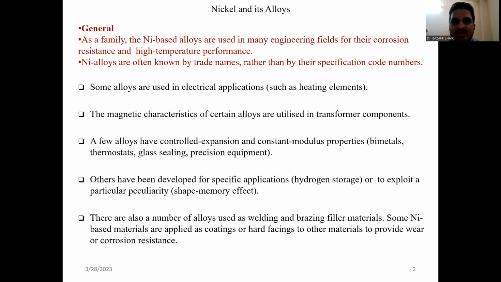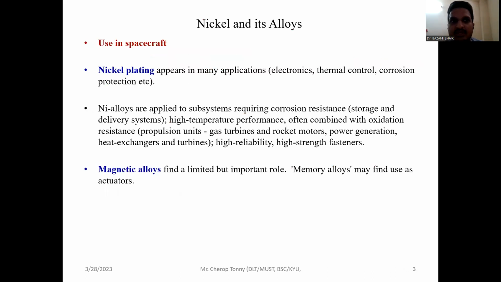This shows the main development of applications using nickel and its alloys. There are also a number of alloys used as building and brazing filler materials. Some nickel-based materials are applied as coatings or hard facing on other materials to avoid wear and corrosion.